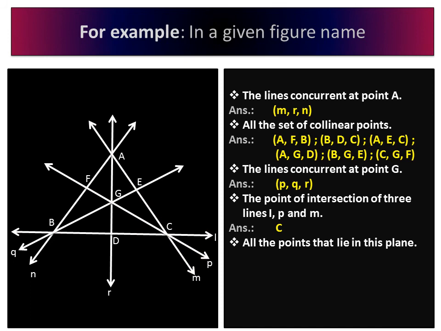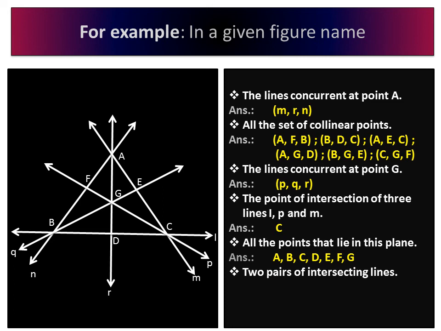For the next question, in a given figure, name all the points that lie in this plane, and the answer is point A, point B, point C, point D, point E, point F and point G. For the last question, in a given figure, name two pairs of intersecting lines.